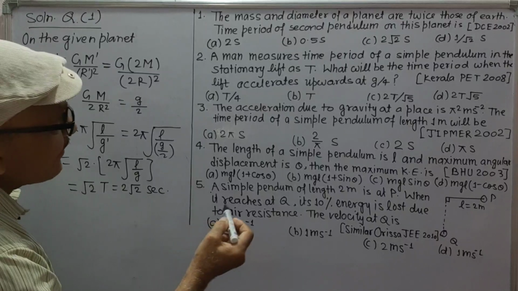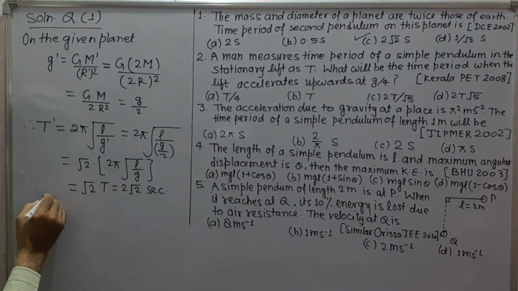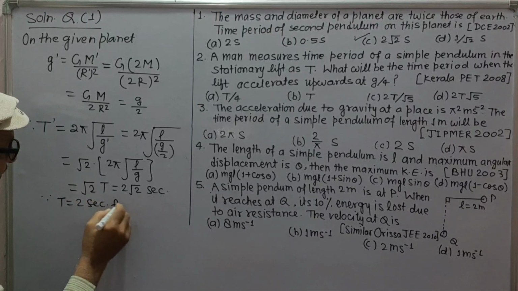So the correct option will be C, because T is equal to 2 second for second pendulum.